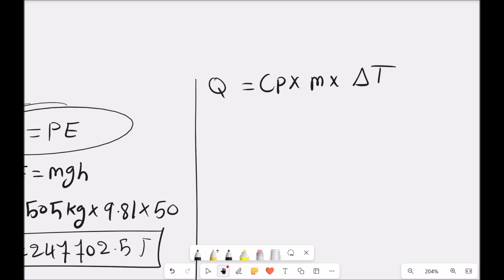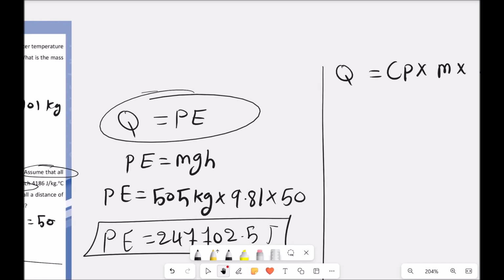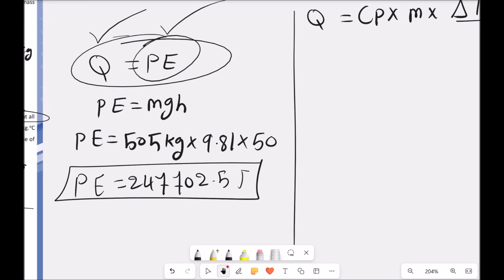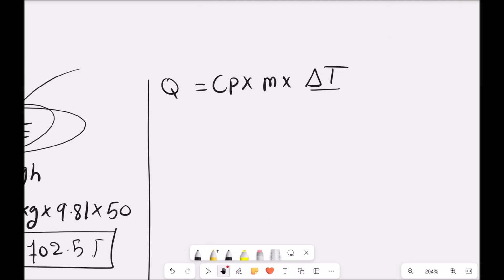So using all this information, we're going to find delta T. Careful, we said that Q is equal to PE, and we already found PE, which is equal to 247,702.5.